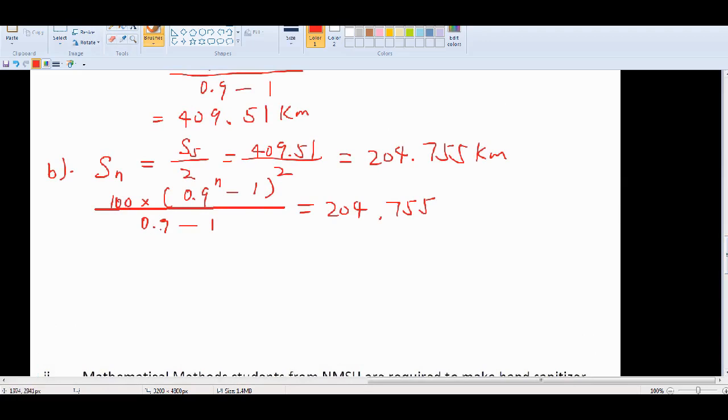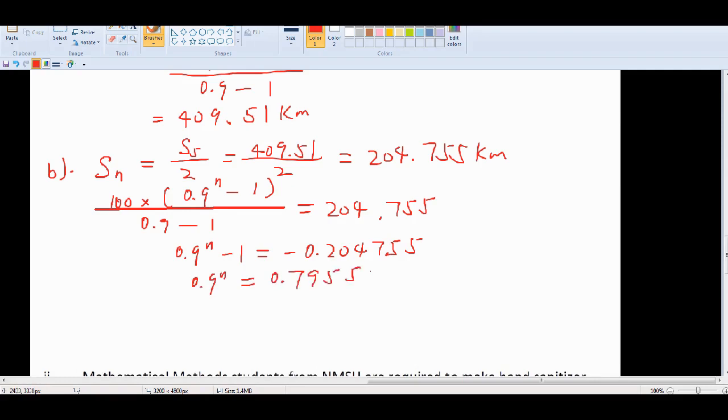So the denominator will be minus 0.1, so that will be minus 1000 on the right hand side. Basically you will see this thing, and then you move that one to the other side, you have this one.